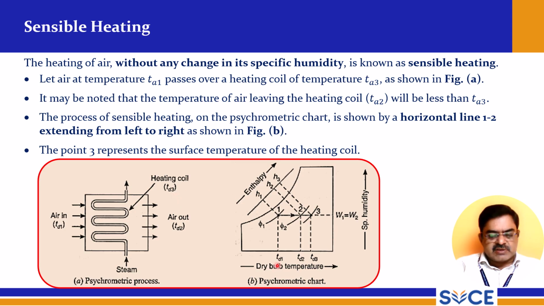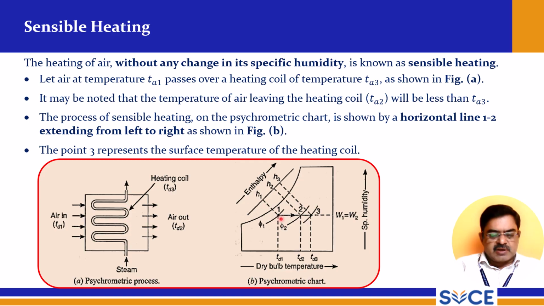Now this is the psychrometric chart drawn between dry bulb temperature and specific humidity, and here this is 1 to 2, drawn horizontally. So W1 is equal to W2 at this point. The specific humidity at point 1 as well as at point 2 are both equal.